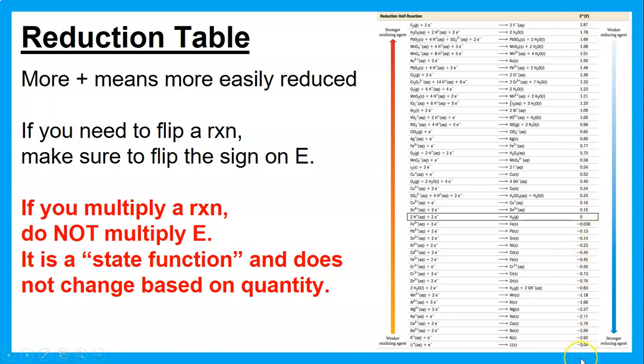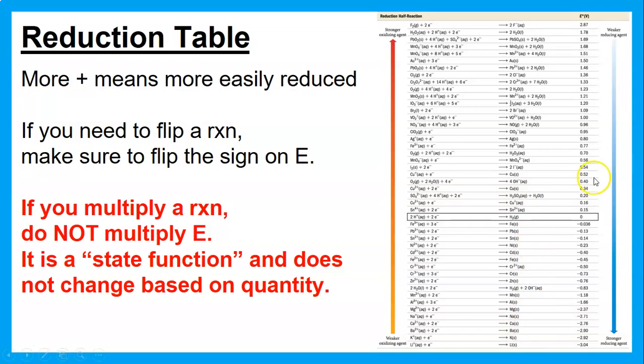Everything below it would be negative. Less easily reduced, more likely to be oxidized. So what you can do is find each equation on this chart for your half equations, and you can figure out which one is more likely to be reduced and which one's more likely to be oxidized, and that's how you determine which half you're looking at.